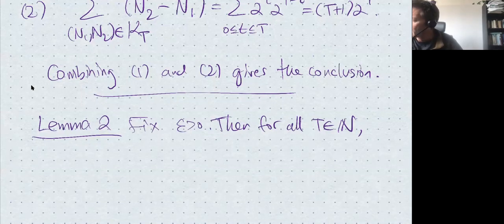So for every T, there's a set which I want to call the bad set.